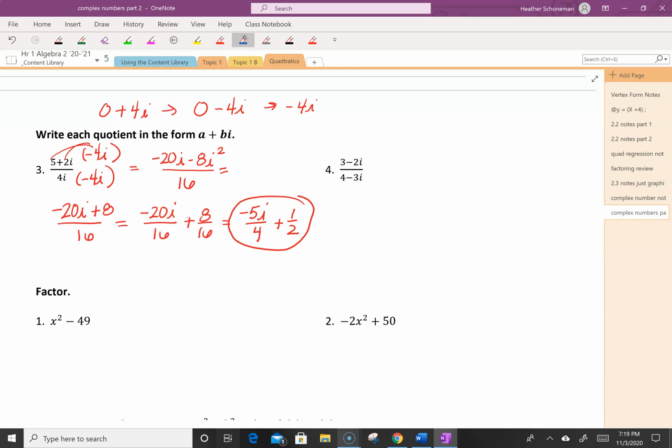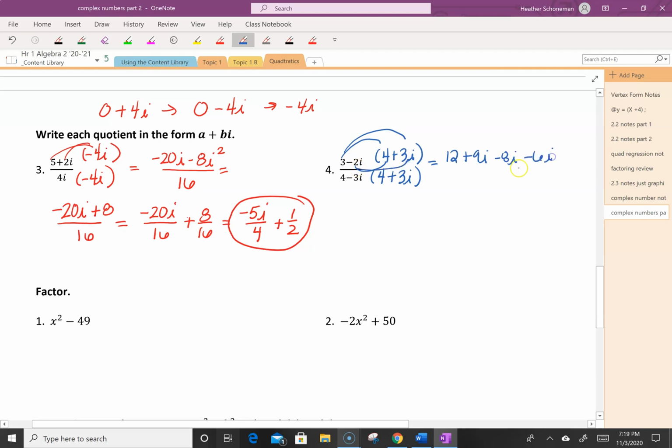All right, let's try this again on the next one. The complex conjugate of this is going to be the real number the same, opposite sign on the imaginary. On the top, they are not complex conjugates, so I have to multiply the whole thing out. 3 times 4 is 12, plus 9i, minus 8i, minus 6i squared.